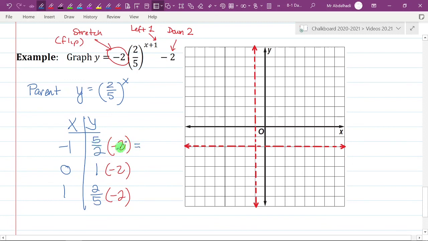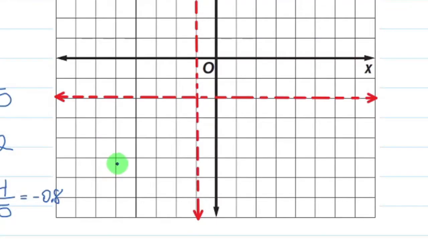Now, let's see what we get. 5/2 times -2. Well, these 2's are going to cancel out, so all that's left here is -5. 1 times negative 2 is negative 2. And here, 2 times negative 2 is negative 4 over 5, so negative 4/5. Now, if you want to know what that is in decimal, it's negative 0.8. If you want to know where to put it, starting with our new origin right here, negative 1 comma negative 5 would be negative 1 comma down 1, 2, 3, 4, 5.